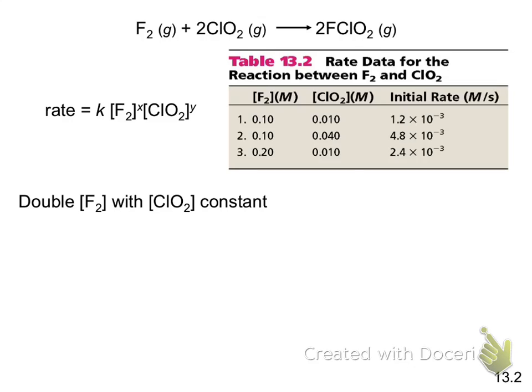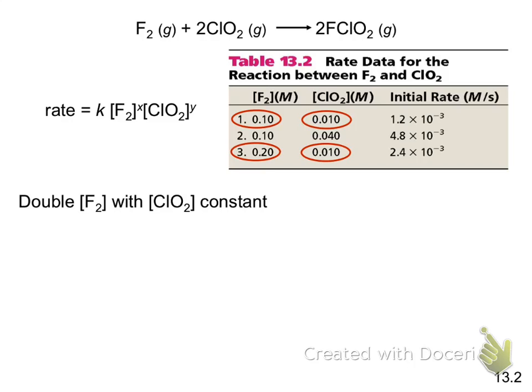Let's take a look at the data that we've been given from the experiment. What happens when we double F2? And we want to keep ClO2 constant, but we want to double F2. Right now, the ones that are circled on here are the characteristics that I'm looking at. So experiment 1 and experiment 3.